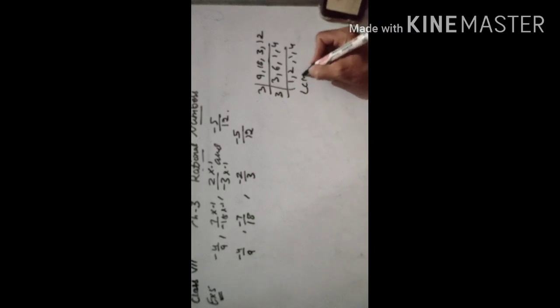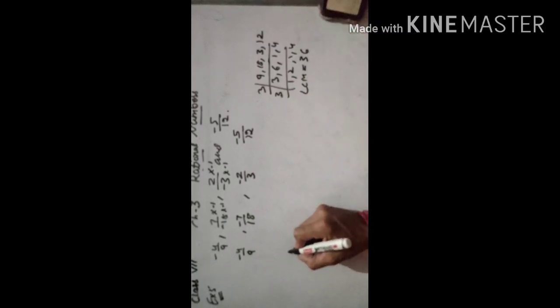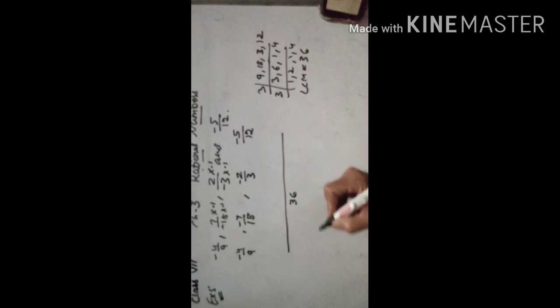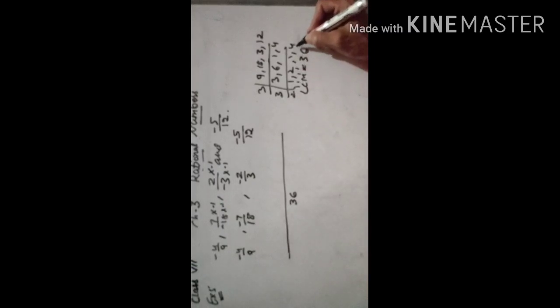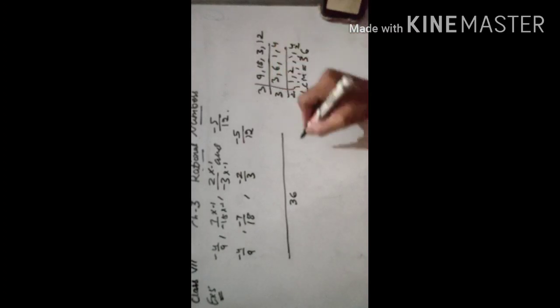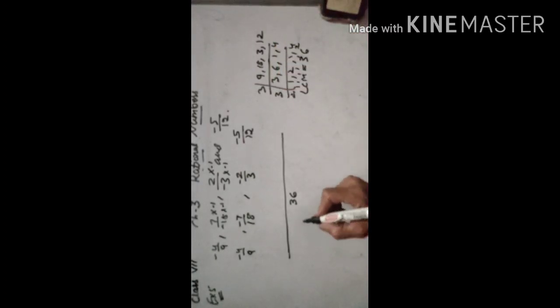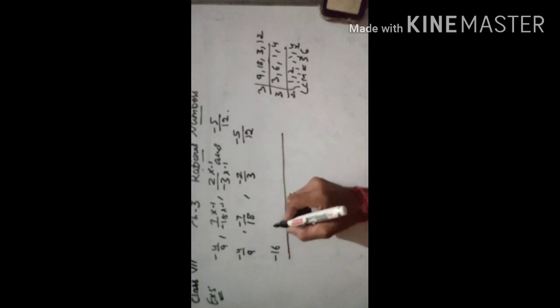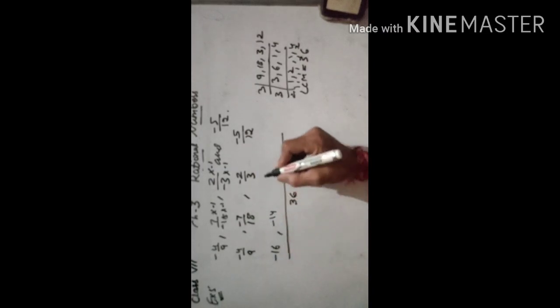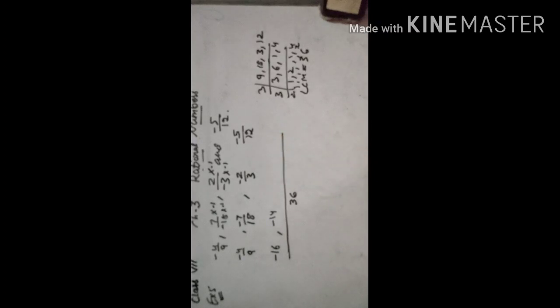LCM is 36. 2 1s are 2, 2 2s are 4, 4 9s are 36. Okay, LCM is 36. Now 9, 4 4s are 16. 18 2s are 36, 7 2s are 14. Now 12 3s are 36, 24.